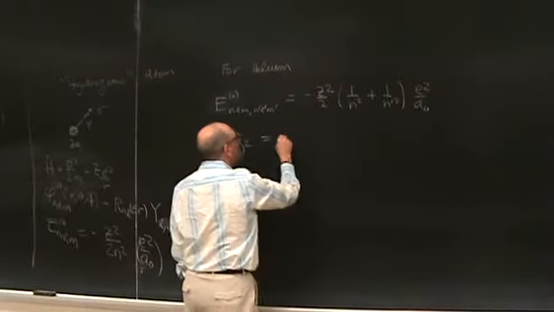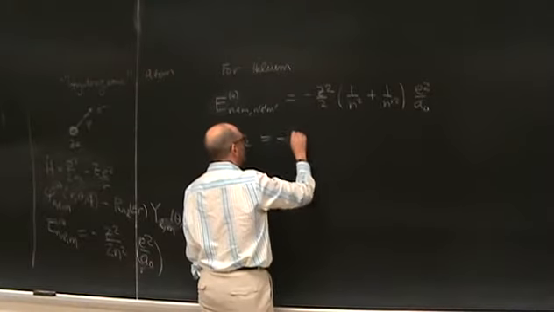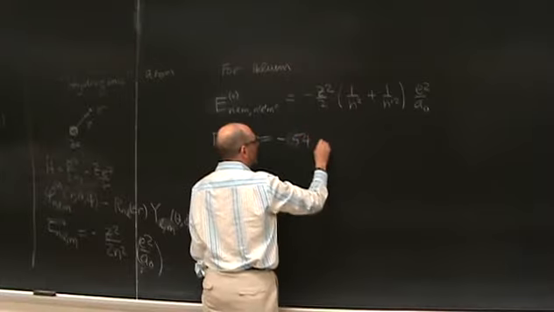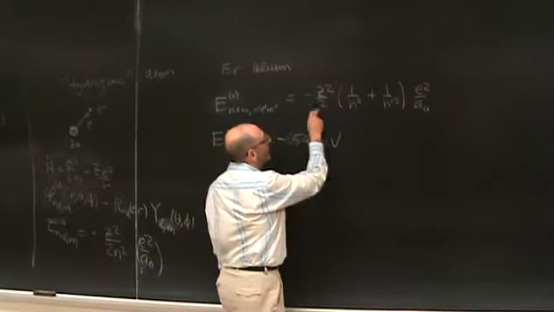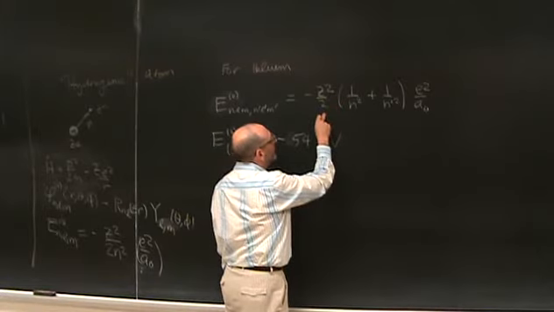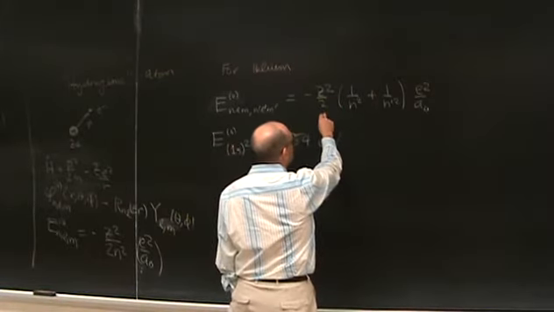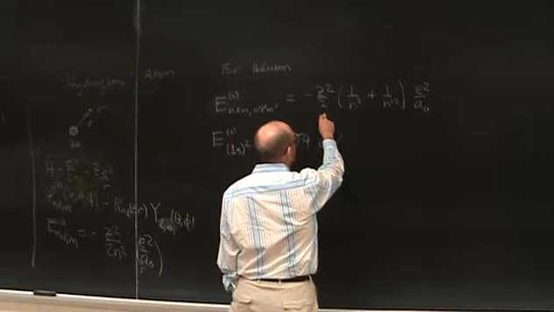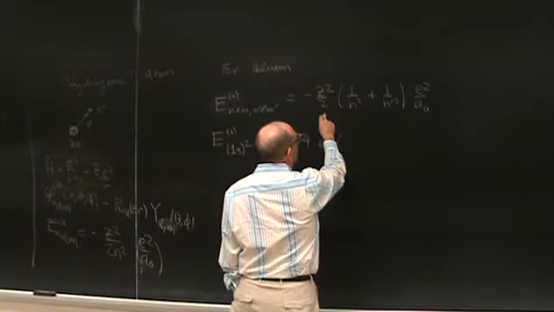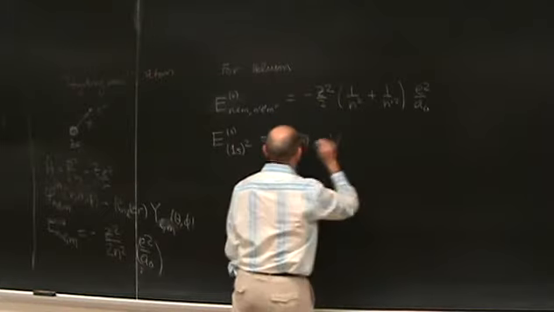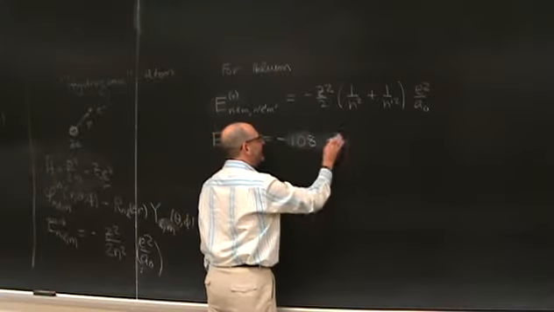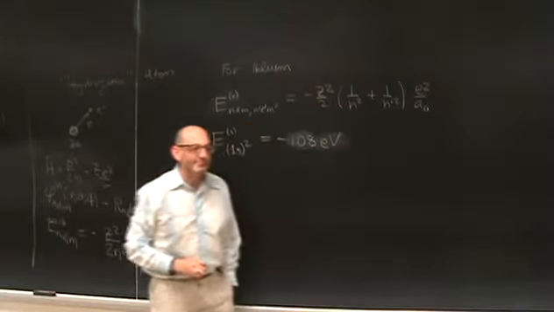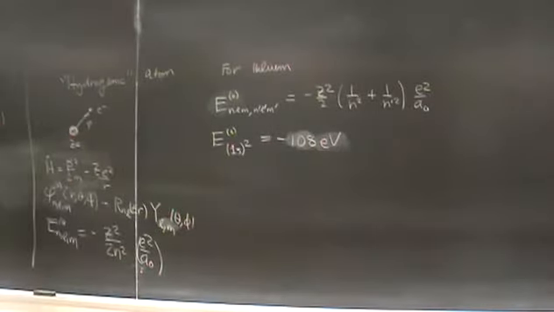So that's minus 54 eV. Times another 2, because 1 over n squared is 1 and 1 over n prime squared is 1, so they add. Yes, there's 2 of them. So I think I got it wrong: it's 108 eV, which makes much more sense. Okay, so that's what we would have.